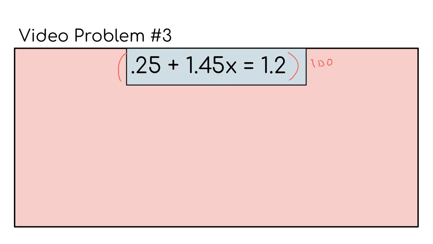0.25 multiplied by 100 gives us 25. 1.45 multiplied by 100 gives us 145x. And 1.2 multiplied by 100 gives us 120. Okay, so now all we have to do is simplify this.